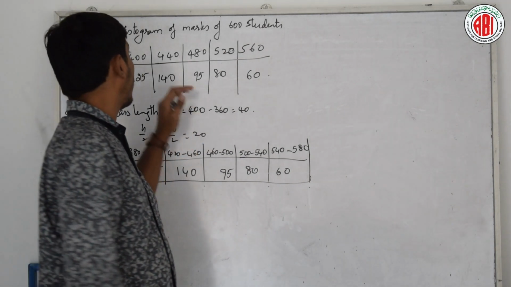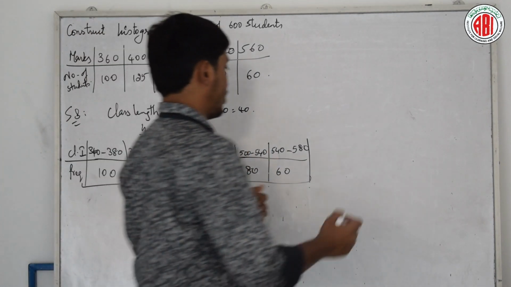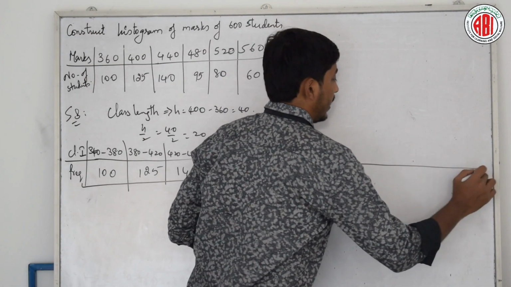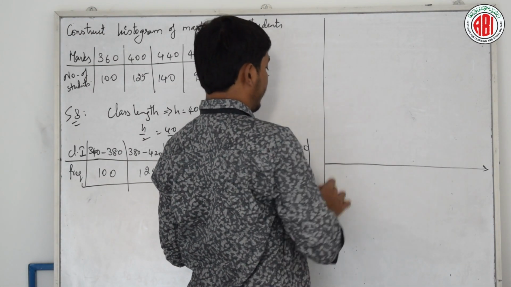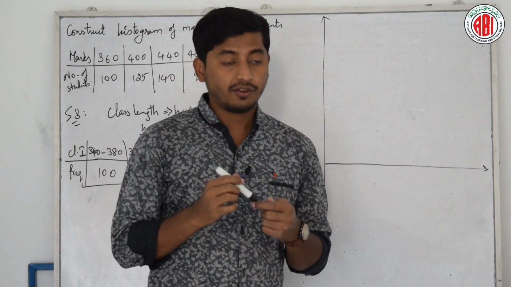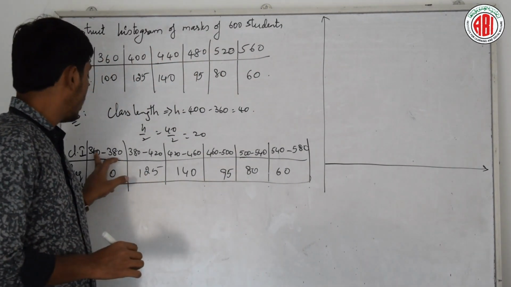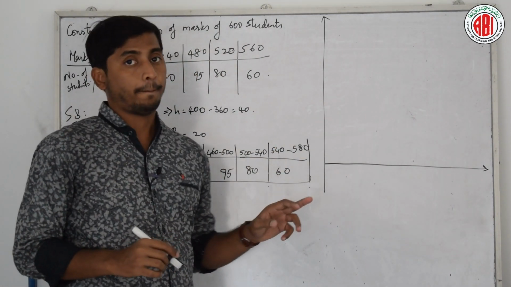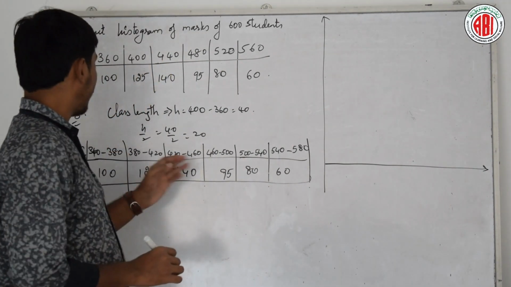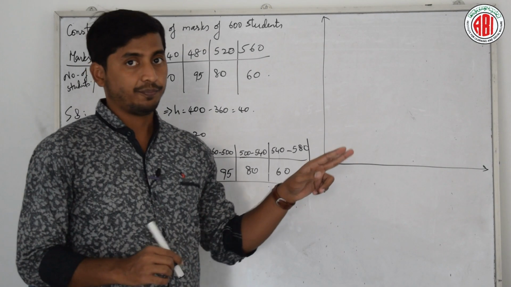Now we have to draw a histogram. How do we draw? Take a graph sheet, then take the x-axis and y-axis. Now from here you have to use your brain. Check out the range here, 340 to 580. What is the better number we can add? 40, 40, 40, 40 we can add, right?